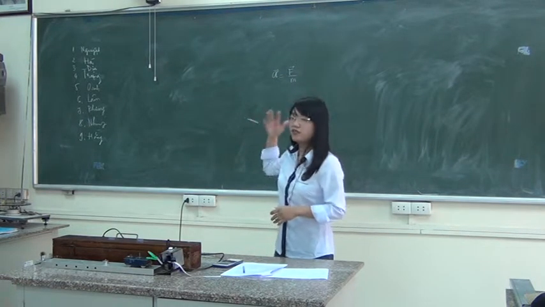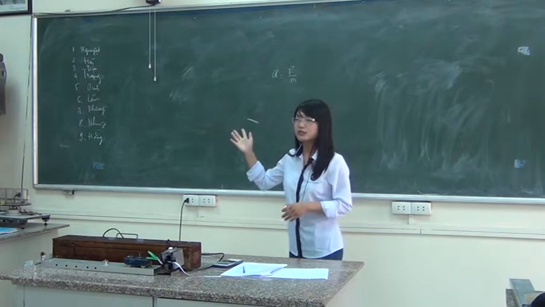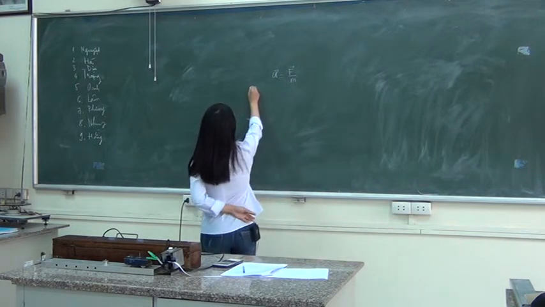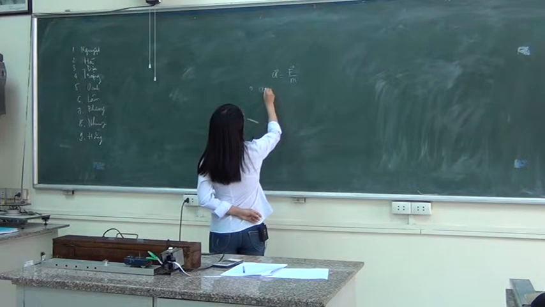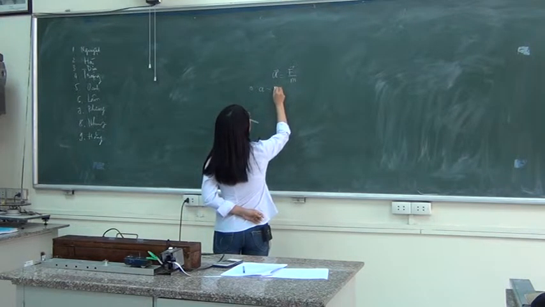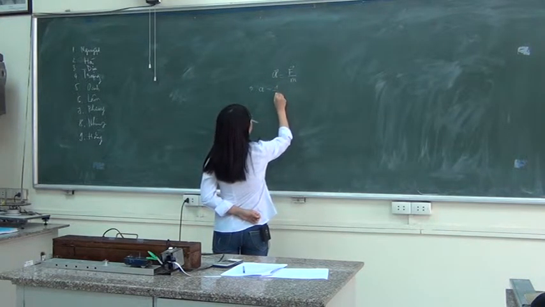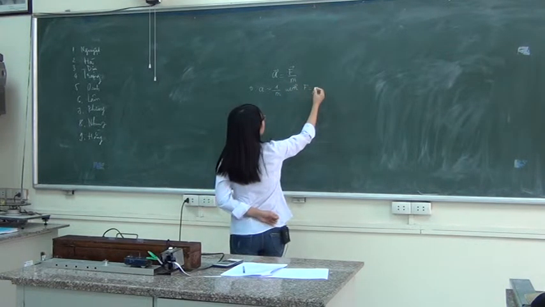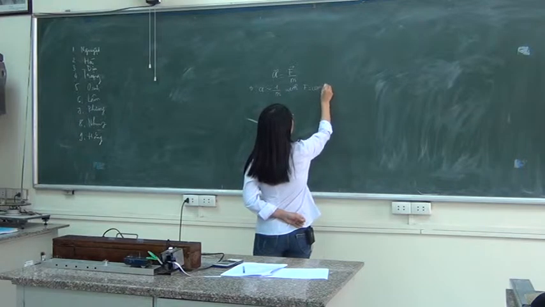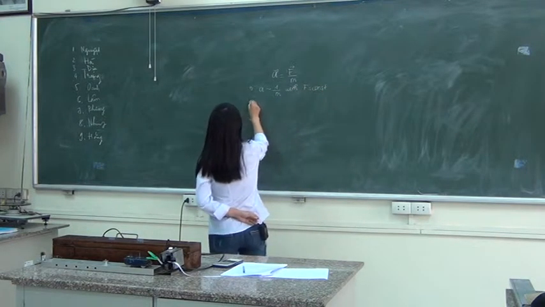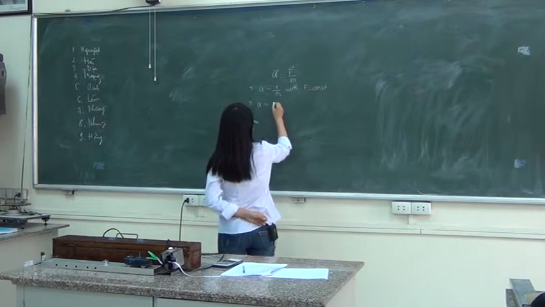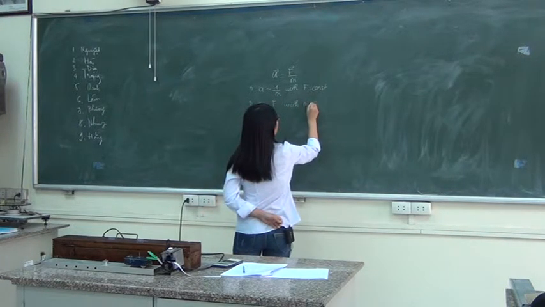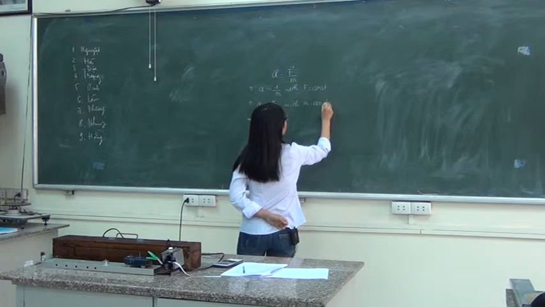To demonstrate the formula, we have to prove 2 cases. Case 1, A proportional to 1 over m with F is constant. Case 2, A proportional to F with m equal to constant.